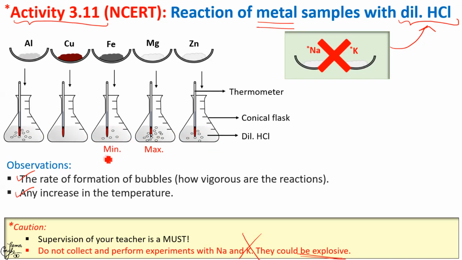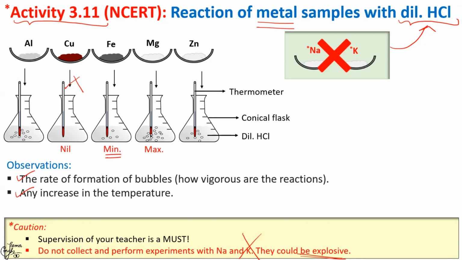In iron, we witness minimum or least bubbling, whereas no gas bubbles are observed when copper metal is added to the acid, which suggests it does not react with dilute hydrochloric acid at all. Also, the rise in temperature follows the same order. Maximum heat is evolved during the reaction of magnesium, followed by aluminium, zinc, and iron. No temperature change is observed in the case of copper and dilute HCl.